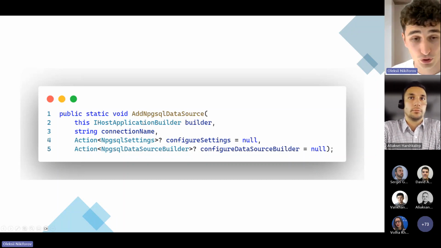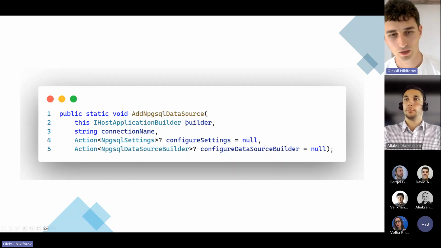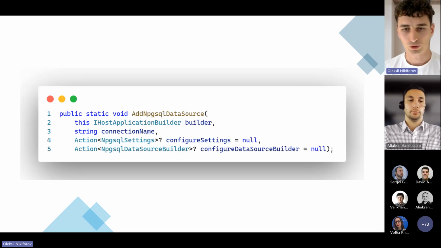Personally, I would prefer IServiceCollection and IConfiguration instead, because in many scenarios it's equivalent. But they decided to take a dependency on the application builder. For me, it's a bad decision from the .NET Aspire team, but let me know what you think.